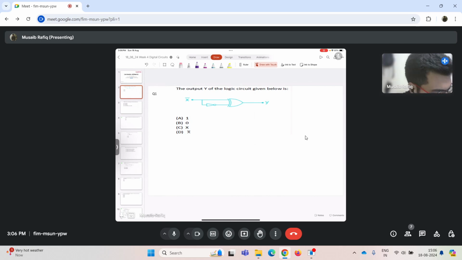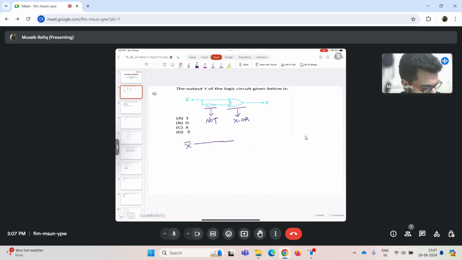First of all, let's identify each gate. Here, this gate is simply a NOT gate. And this right here is your exclusive OR, that is XOR gate. Now, what we have here is the input X bar, that means X complement.